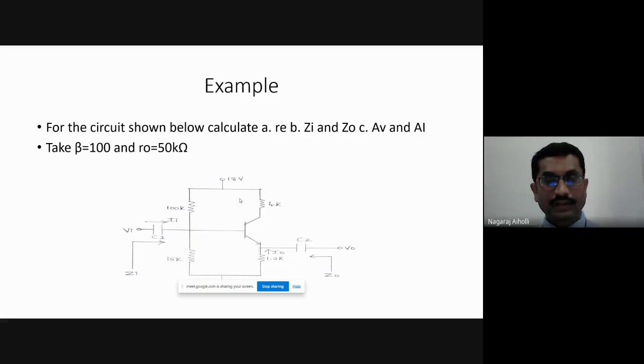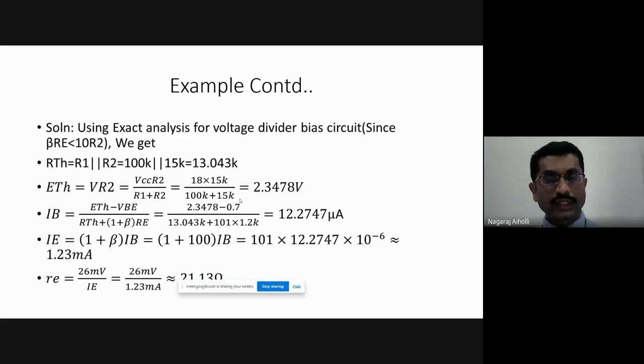R1 parallel R2 comes to 13.043 kilo ohms.